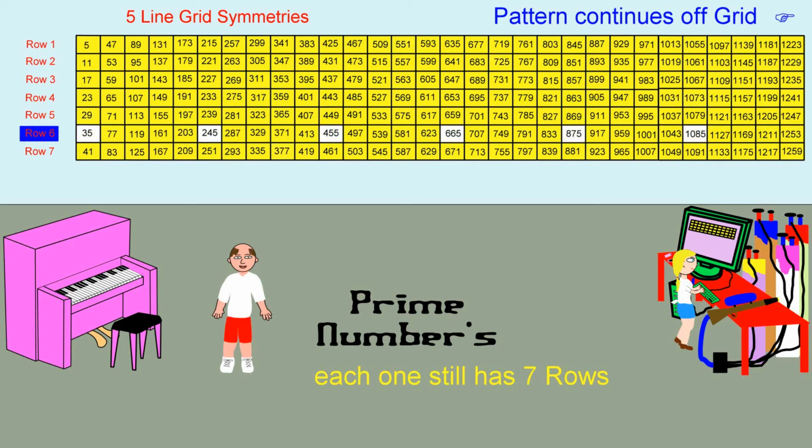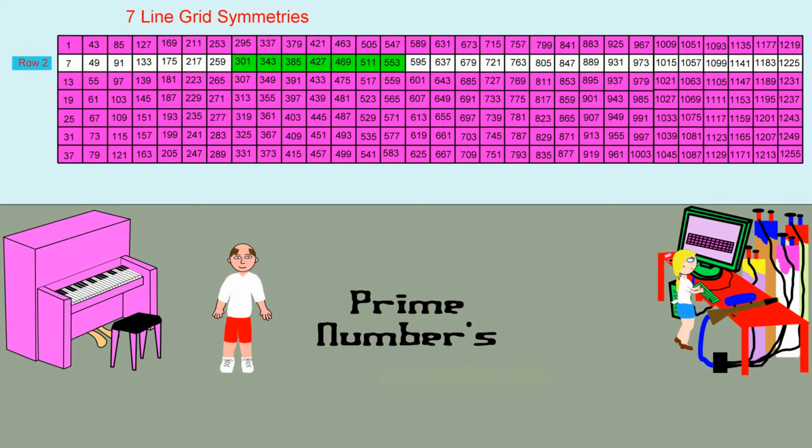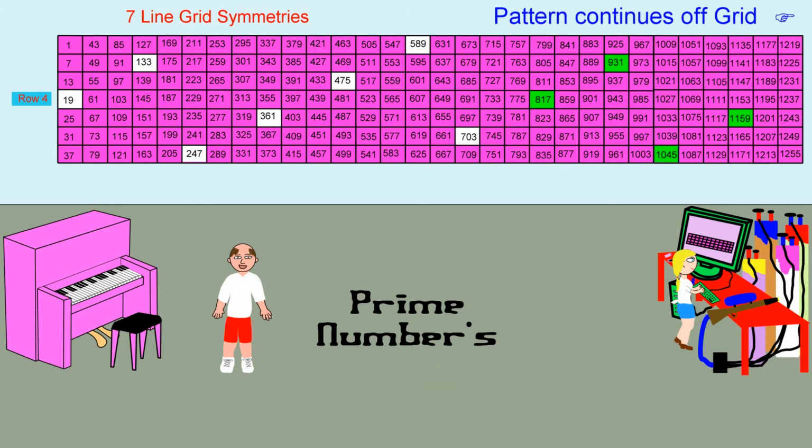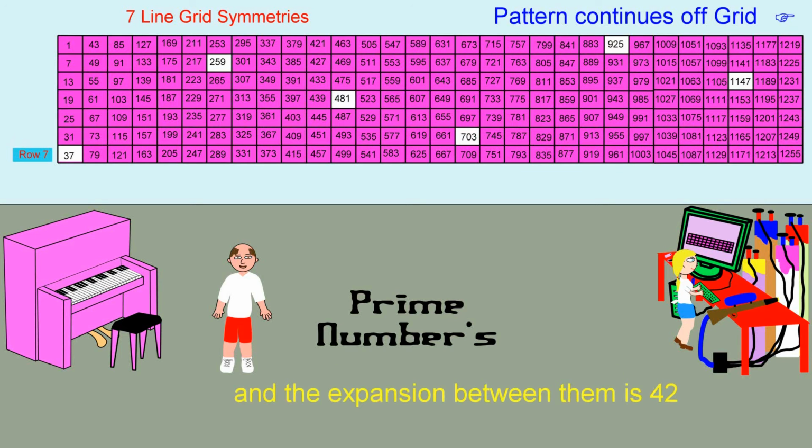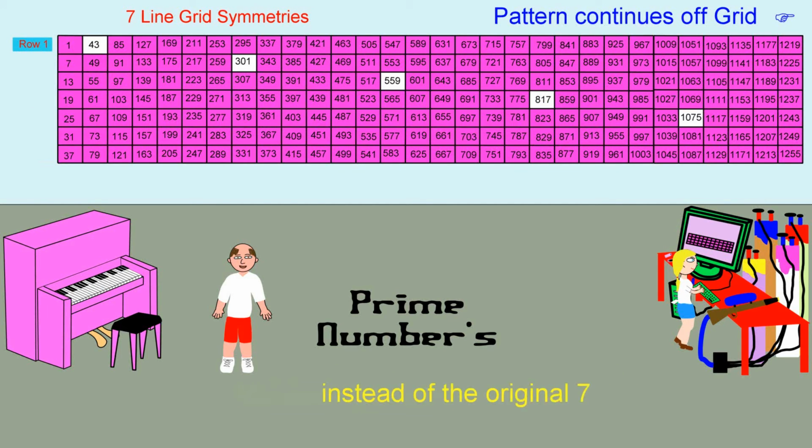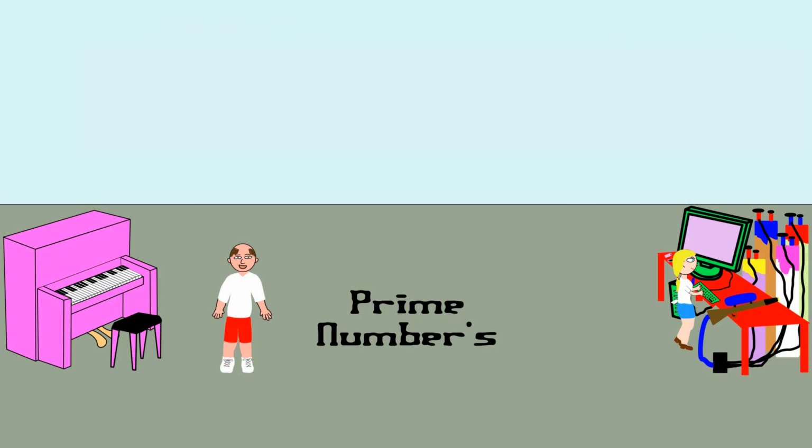Each one still has 7 rows, so the symmetries must still exist. And they do. They are in a different order than before, and the expansion between them is 42 instead of the original 7, but everything is still intact. And the third thing was, you guessed it, the axioms.